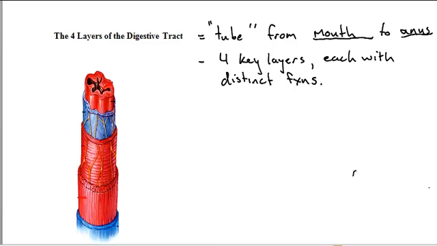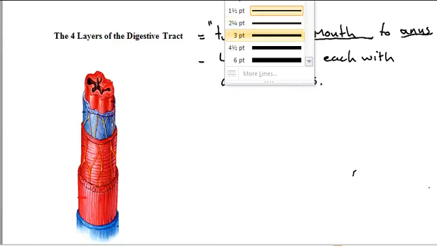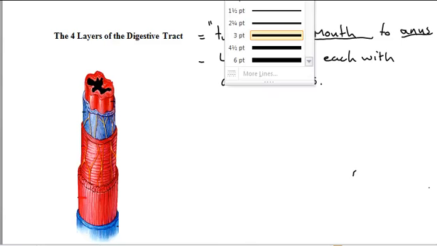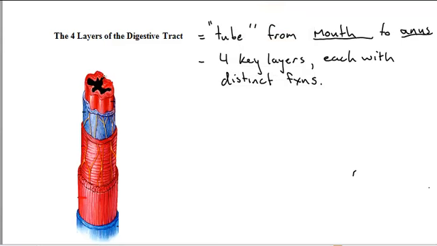And the first thing is this very center space. I'm going to color in black. This is where the food actually sits and travels. So that center canal is called the lumen.